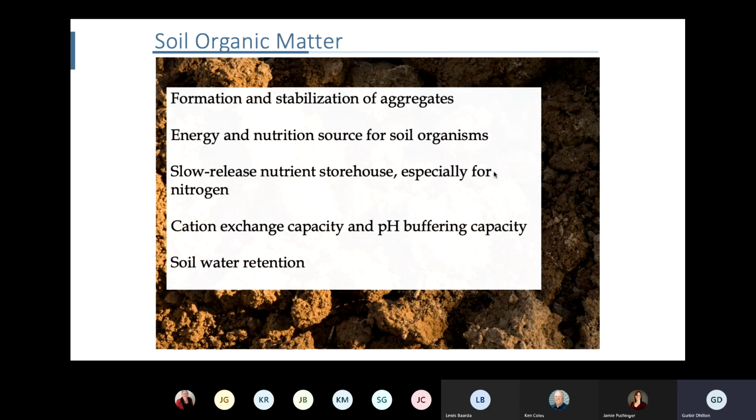It also accounts for about 50 to 90% of the cation absorbing capacity of the soils to hold on to nutrient cations such as potassium, calcium, and magnesium that may otherwise be lost by leaching. Its acid and base functional groups help with the pH buffering capacity of soils, and it also has a high water holding capacity, which helps with soil water retention.